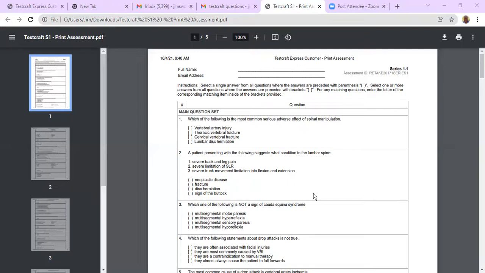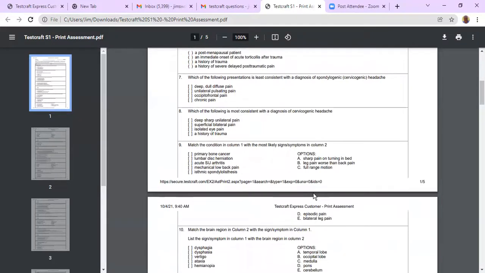And then question number 8 was another one I was wondering if I was overthinking. Which of the following is the most consistent with the diagnosis of cervicogenic headache? So I went with the deep, sharp unilateral pain.